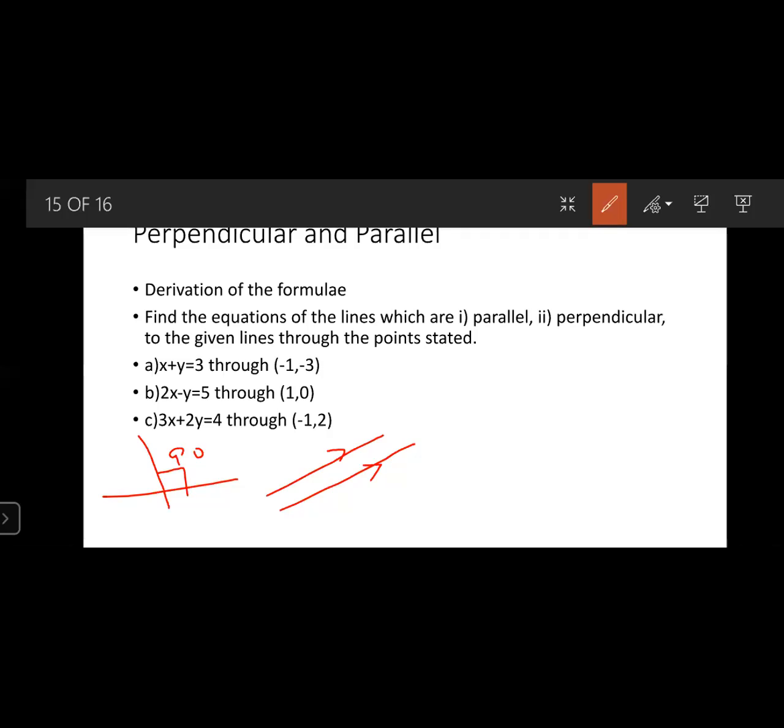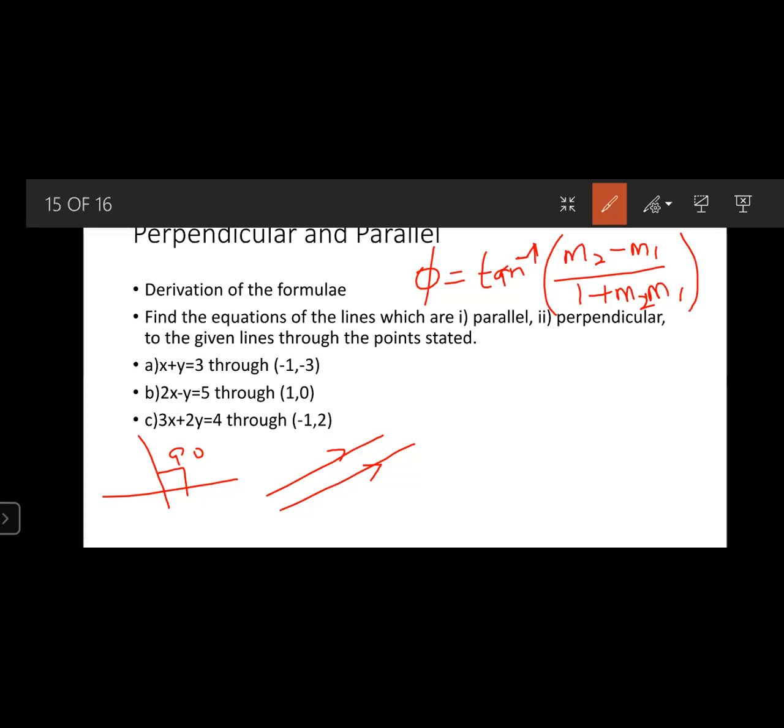Now if you go back to what we are able to derive, we get that phi equals arctan of M2 minus M1 over 1 plus M1 M2, or M2 M1, whichever the case.